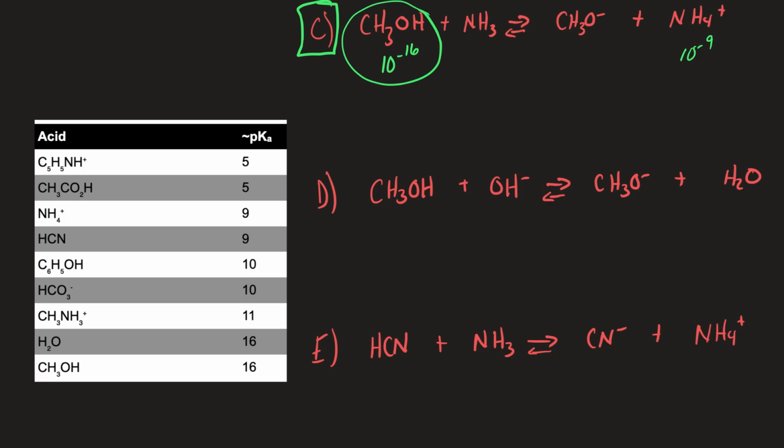If we look at D, we have 10 to the minus 16. And so you might say, uh-oh, that's the weakest acid in the list. However, again, we have a strong base here, and that strong base will drive the equilibrium to the right. Well, water is the other acid. It's also 10 to the minus 16. And so maybe this one is sort of equal on both sides, not really favoring either reactant or product.